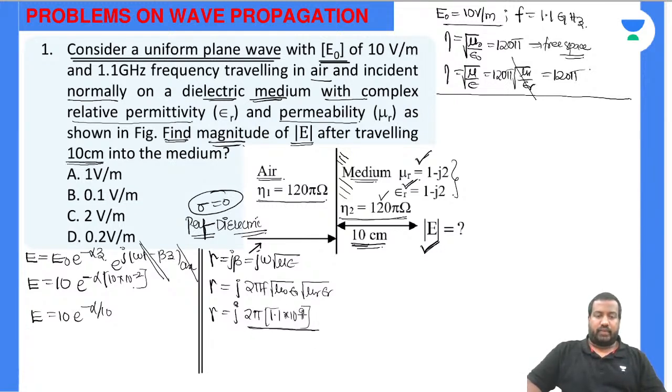In the previous class also we have discussed this. Under root of mu naught epsilon naught is 1 by c, which is 1 by 3 into 10 power 8. Under root of mu r epsilon r is under root of (1 minus j2) into (1 minus j2), which is under root of (1 minus j2) whole square, which is 1 minus j2.